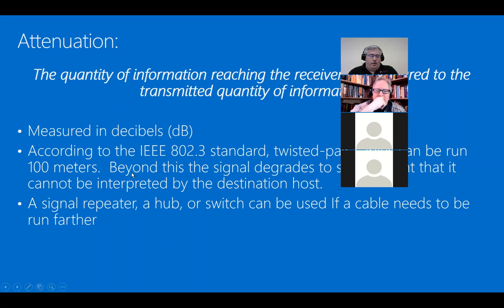And so the IEEE 802.3 standard, they did some testing and everything, and were able to make it 100 meters, which is plenty long for a building. You can actually go further than that, but you have to have a device that would resend the signal, such as a switch or a router or a repeater.